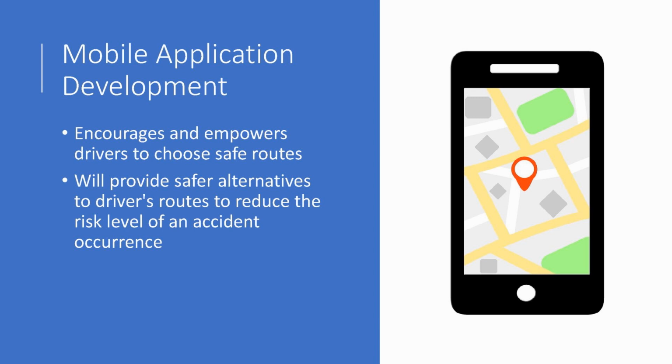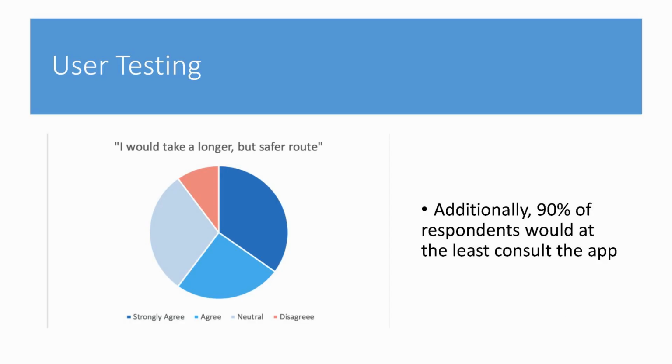This ultimately comes down to informing drivers about the safest places to drive, and the goal is to reduce traffic fatalities. We asked survey respondents whether they would take a route that was safer, even if it took more time. The majority of respondents agreed, with only 1 out of every 10 respondents saying they would rather take the faster route regardless of safety every time.